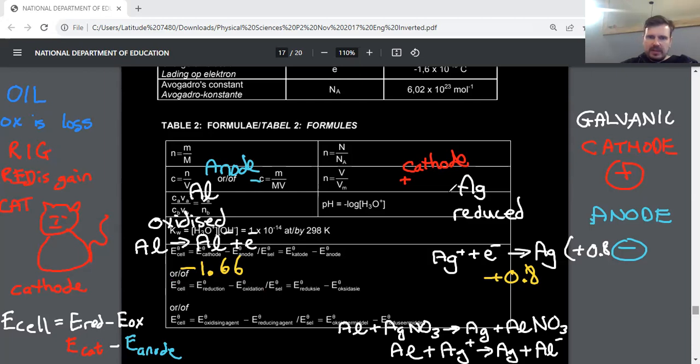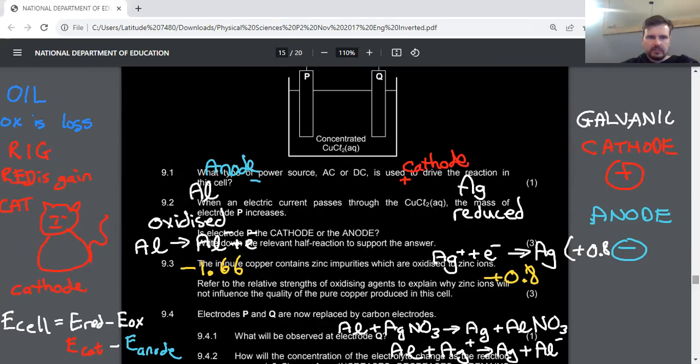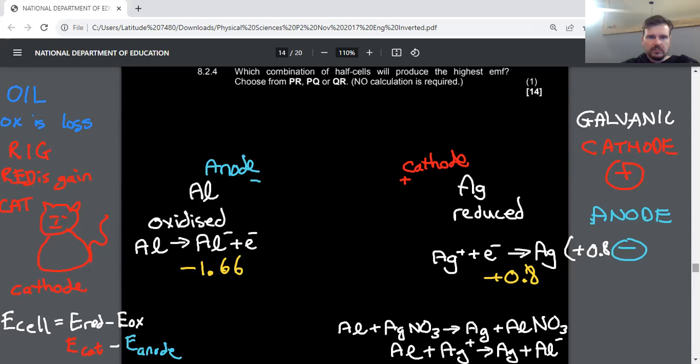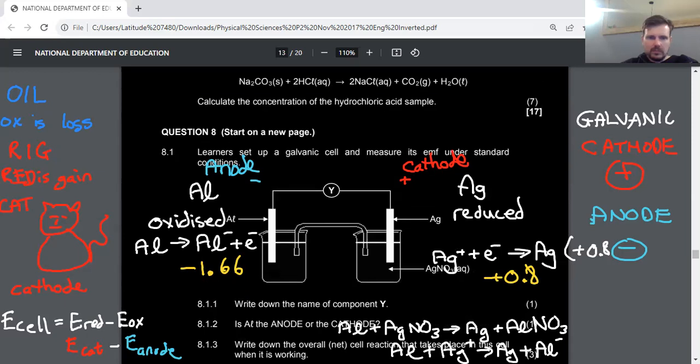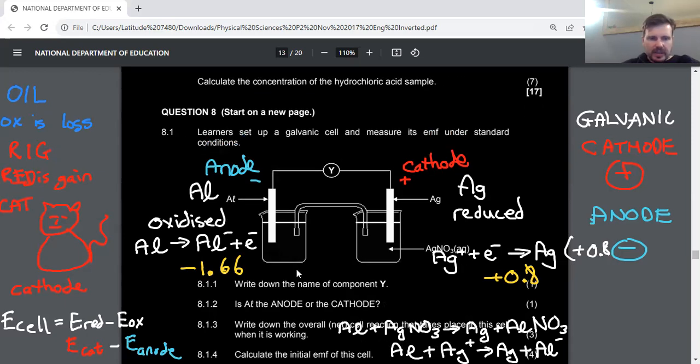Okay, so when we go now to the top, they want the EMF. So the anode and the cathode. So it's plus 0.8, right? Because that would be the cathode. So the plus 0.8. So if we put that in the equation, I'm going to write it over, because you don't have much space.